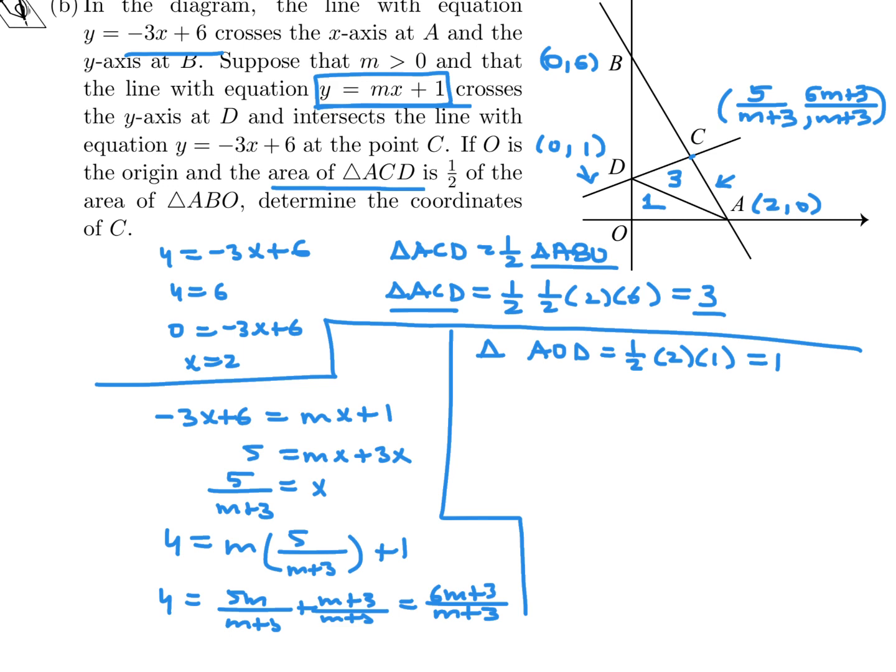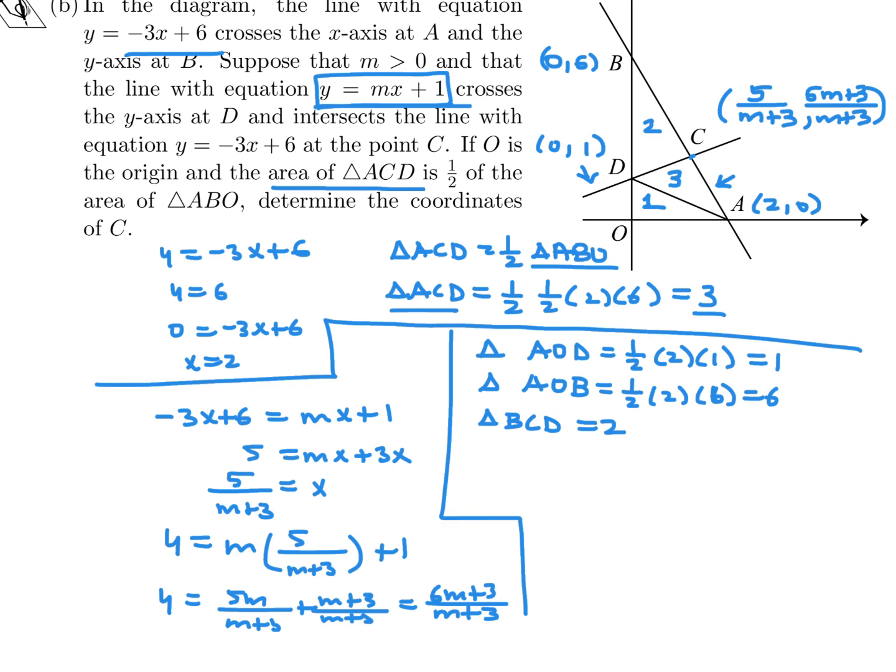The entire triangle AOB was 1/2 base times height, which is 2 times 6, so that was 6, right? We already got 3 and 1, so this would be 6 minus 3 minus 1, which is 2. So the triangle BCD would have an area of 2.